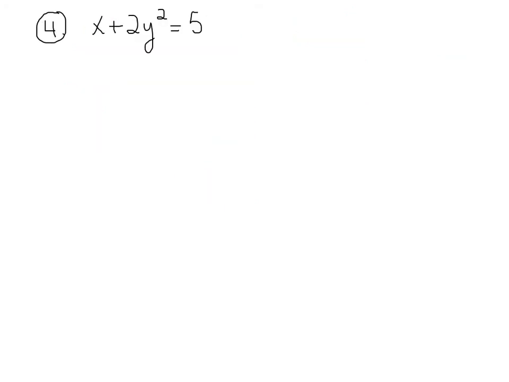Okay, this is the last example. x plus 2y squared equals 5. It only has one variable that's being squared, so that means it is a parabola. And since the y value is being squared, we need it to look like this. y minus k squared equals 4p times x minus h.